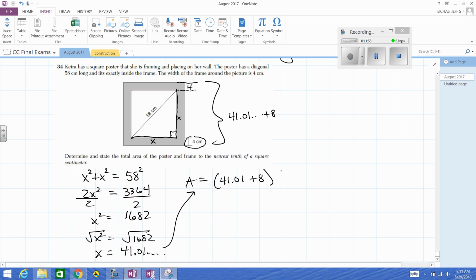And since we want the area, we're going to do that twice. So that's your length and that's your width, right? Multiply. When we do that, you get 2402.2, and they wanted the nearest tenth. So now we can round.